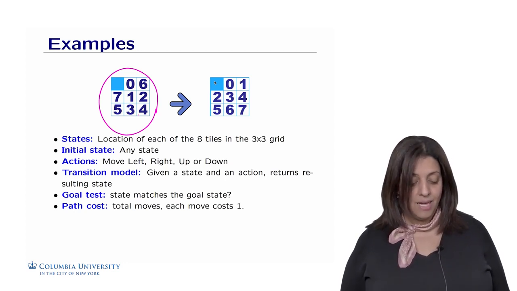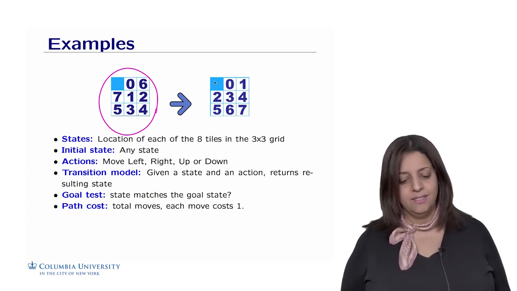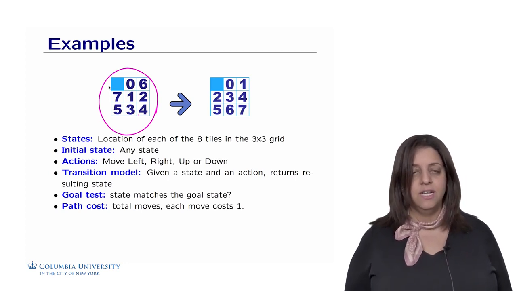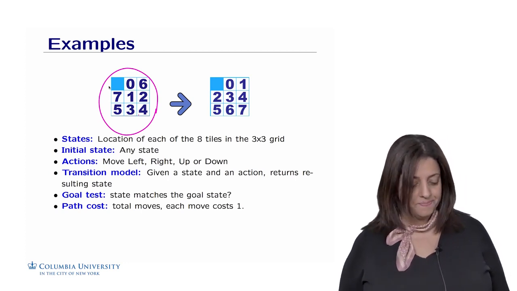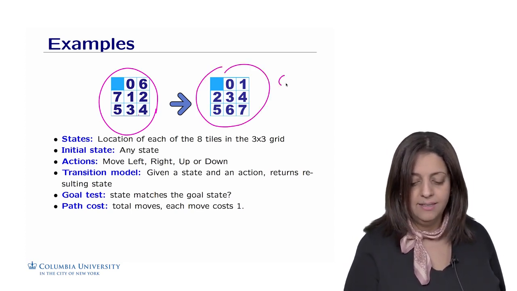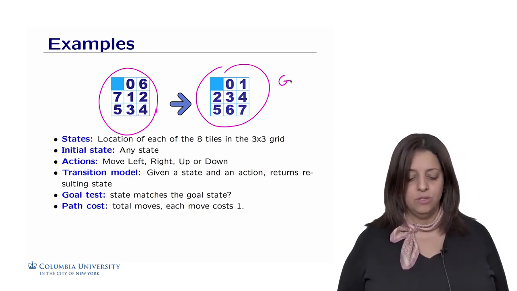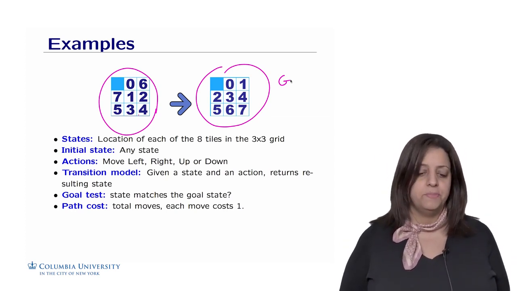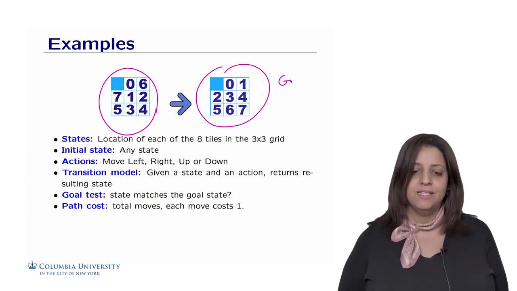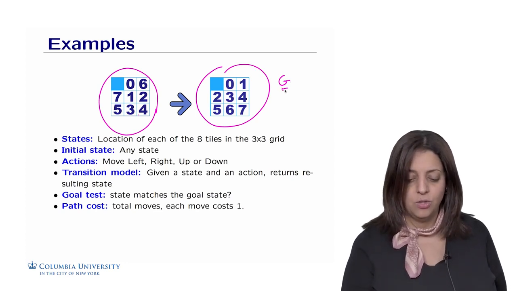A transition model is, given a state and an action, it will return a resulting state. So if we are in a state and we move the 0 to the left, we are transitioning from one state to another one. The goal state, in this case we picked this to be a goal state, is a state that matches the goal. So whenever we are exploring the search space for ways to move the tiles, each time we reach a state in the game, we test whether we are reaching the goal state.